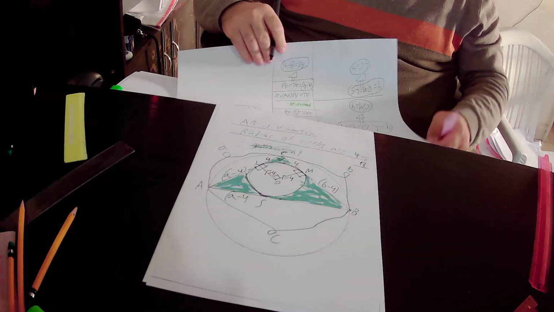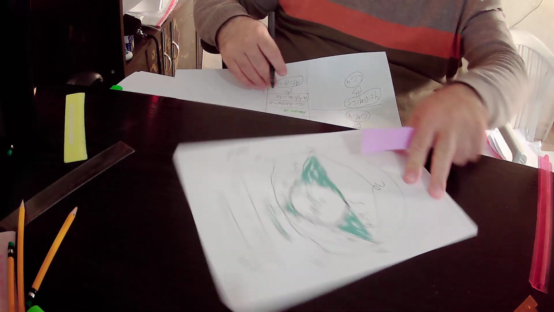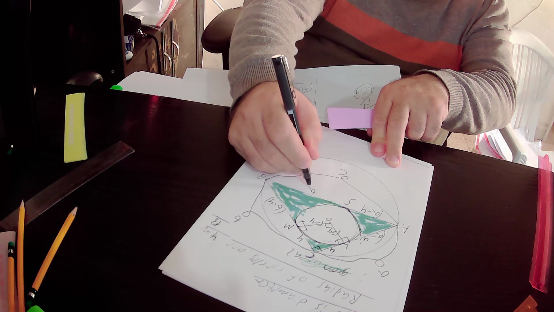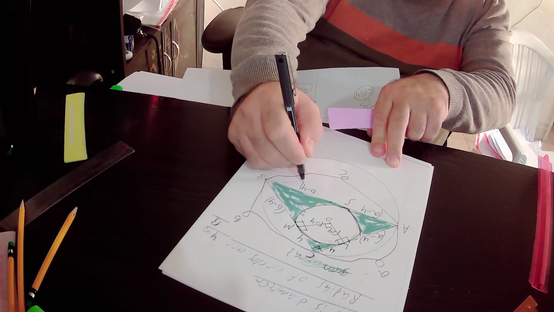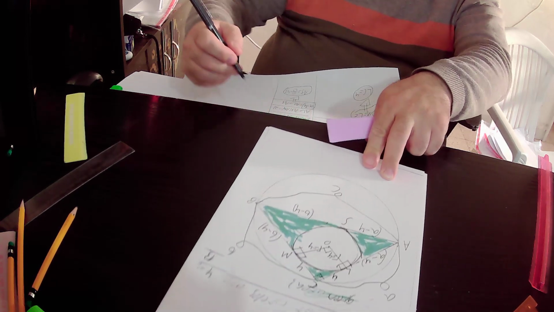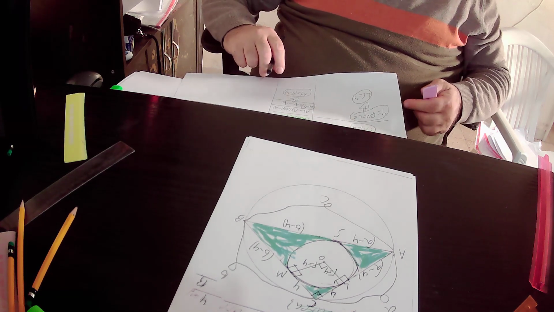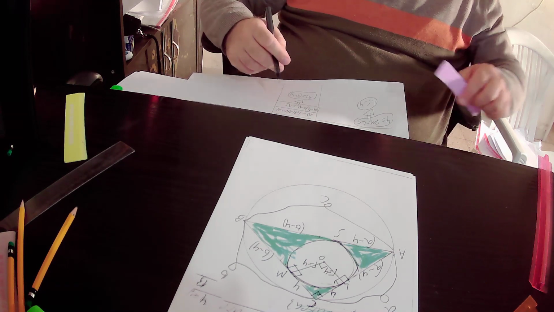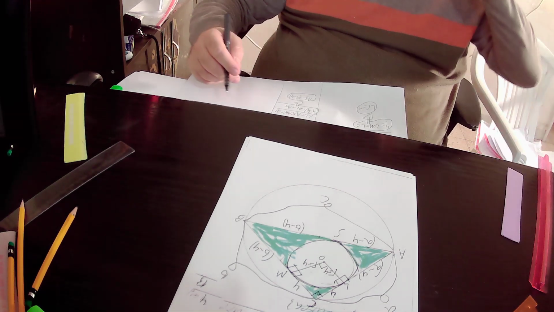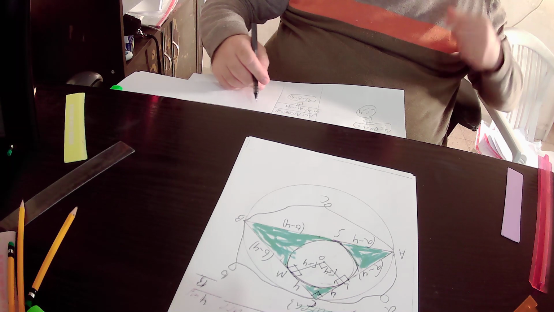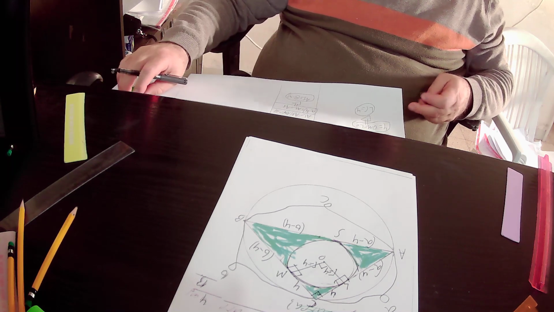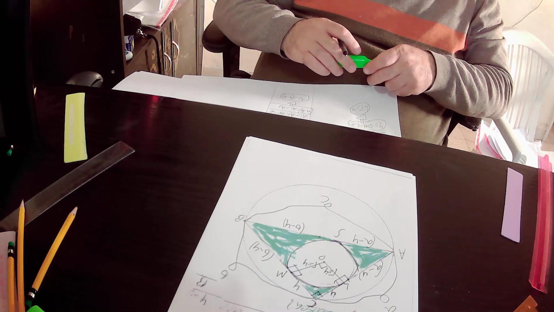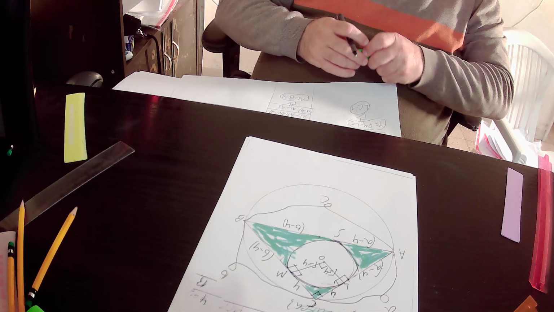You can write here that BS equals B minus 4. It is given in the question that AB is the diameter of the big circle, and the diameter of any circle is twice as long as the radius.